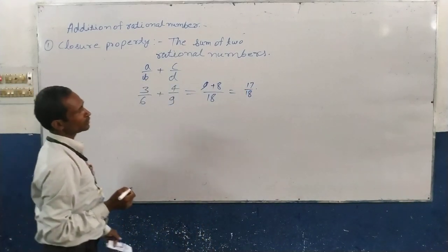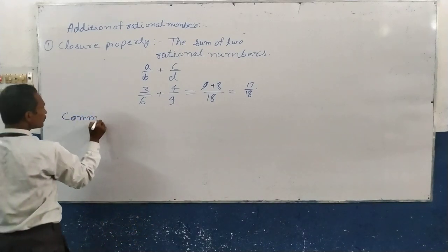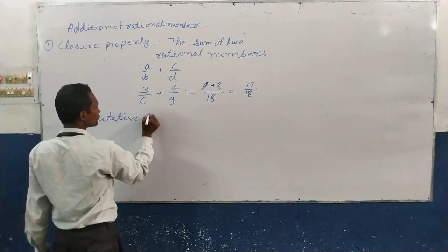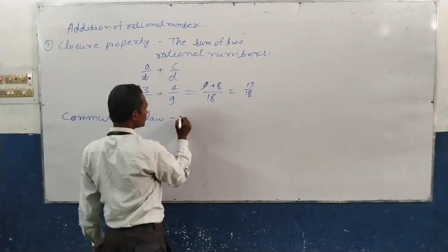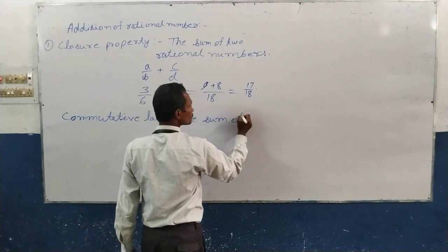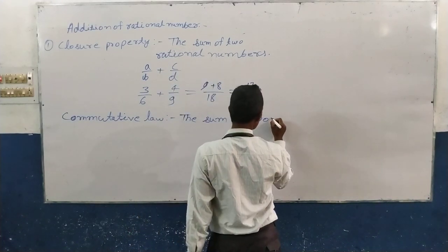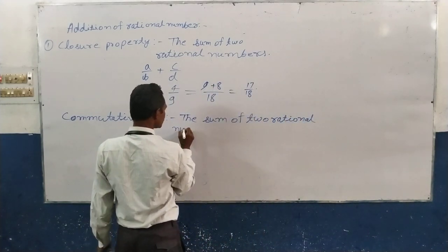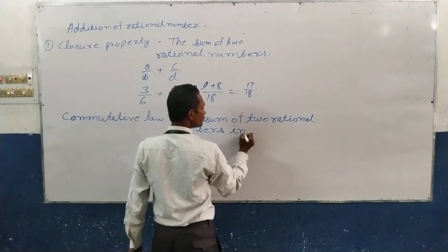Closure property. Also, the second property, commutative: the sum of two rational numbers in any order.